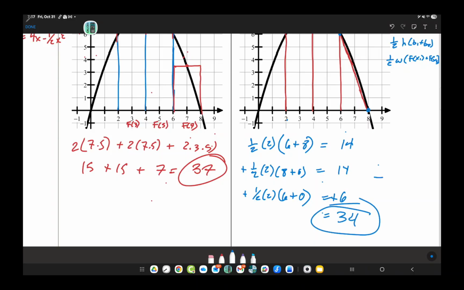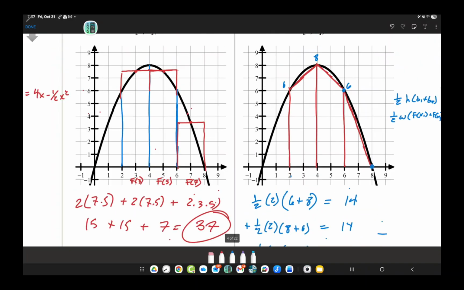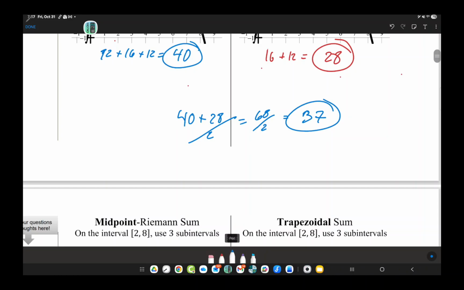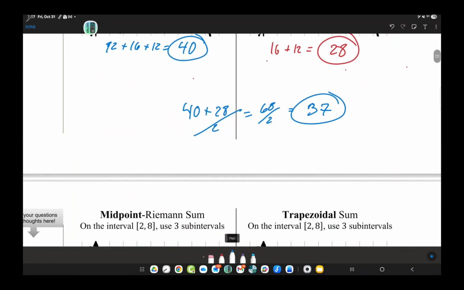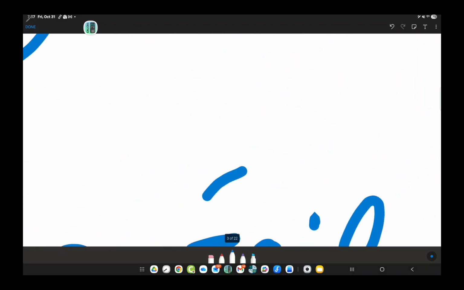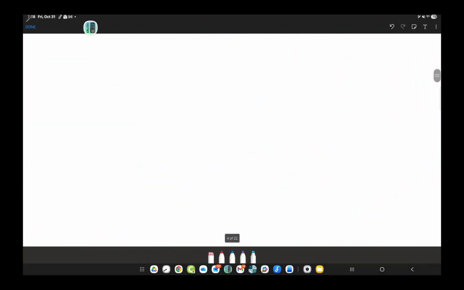So if you average your left and right side, you end up with the trapezoid rule, not the midpoint rule. So let's change that. This is 34.